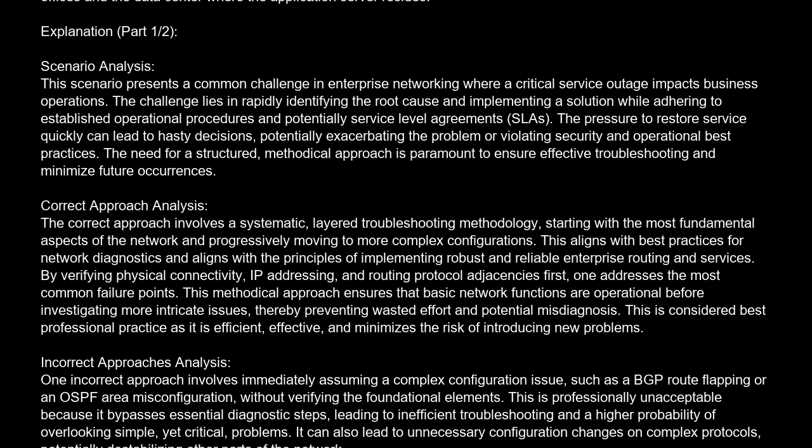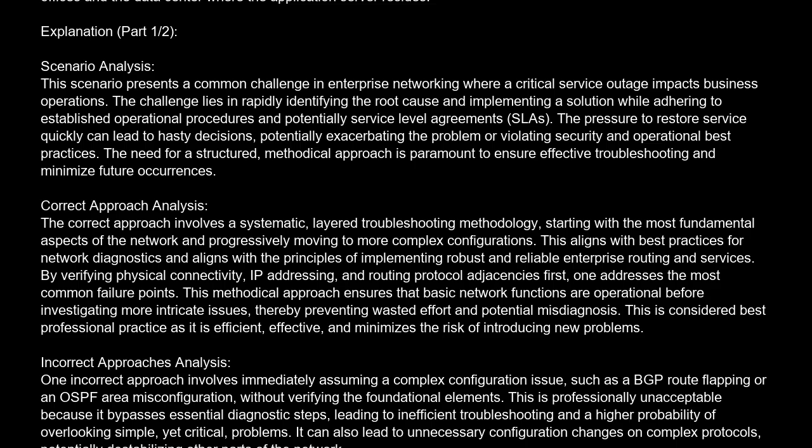Explanation. Scenario analysis. This scenario presents a common challenge in enterprise networking where a critical service outage impacts business operations. The challenge lies in rapidly identifying the root cause and implementing a solution while adhering to established operational procedures and potentially service-level agreements, SLAs.